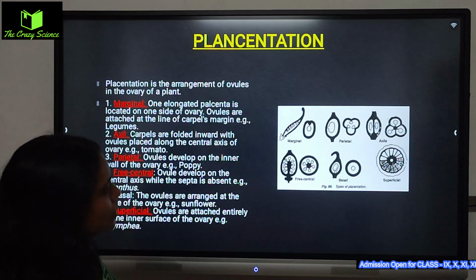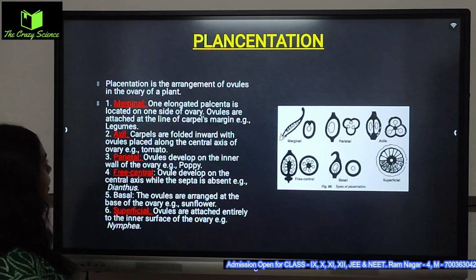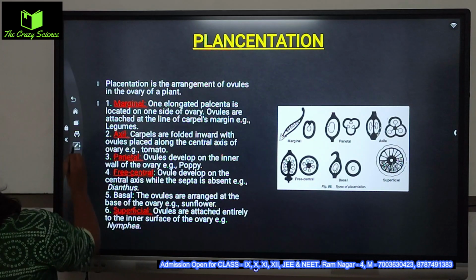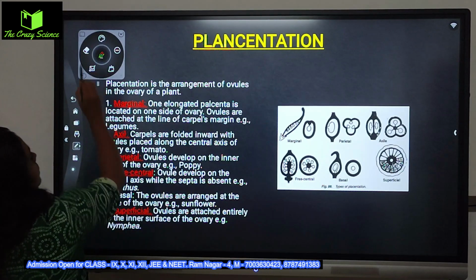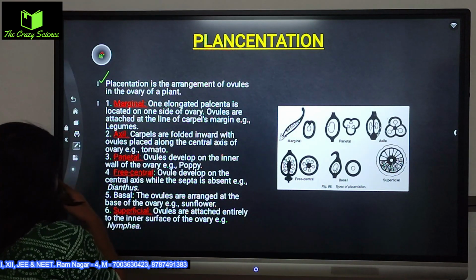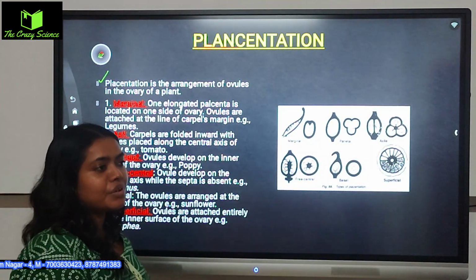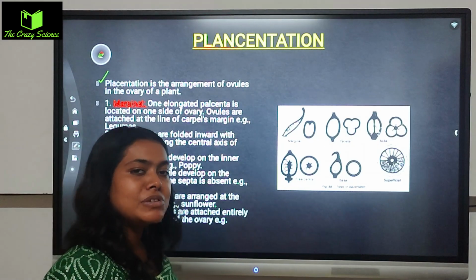You can write superficial or not, but marginal and parietal are all required. The first one is marginal. What is the meaning of placentation? As I say, when we cut the ovary, then you get to see the placentation, otherwise it is not possible.